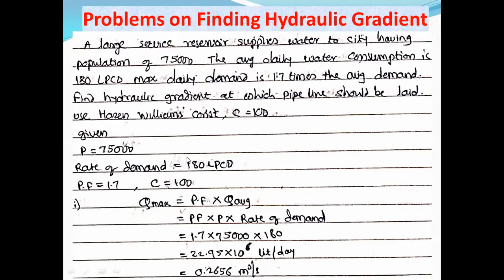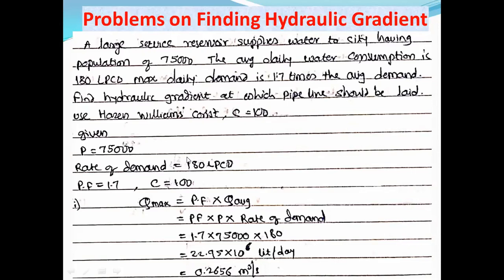We design the system for the maximum supply, right? In the earlier problems also, for example the primary sedimentation tank or plain sedimentation tank, we consider the maximum daily demand, not the average.